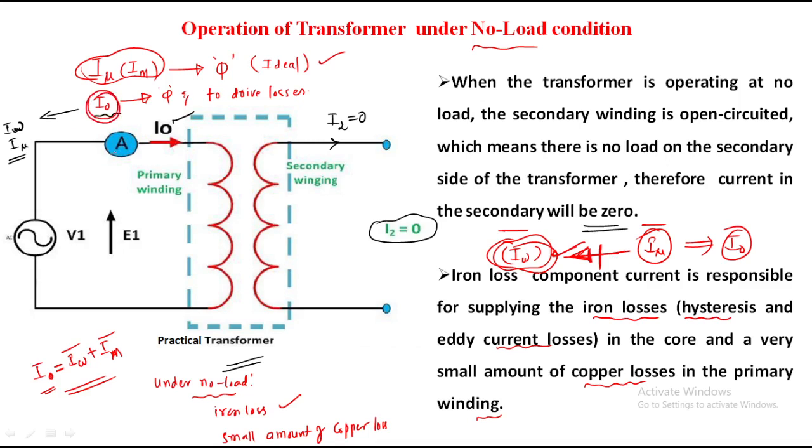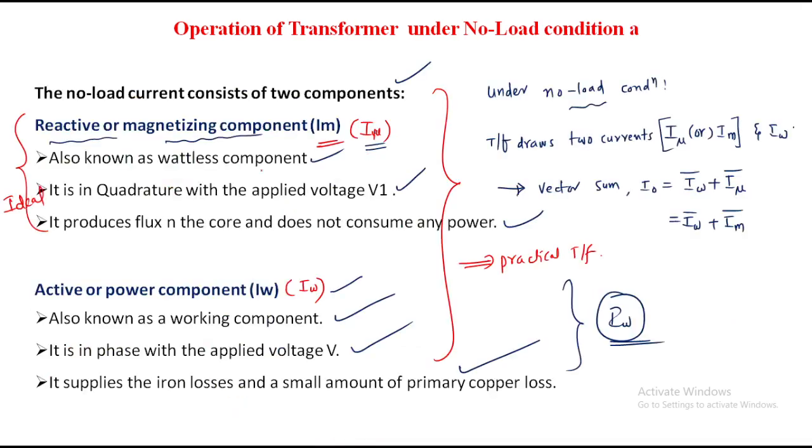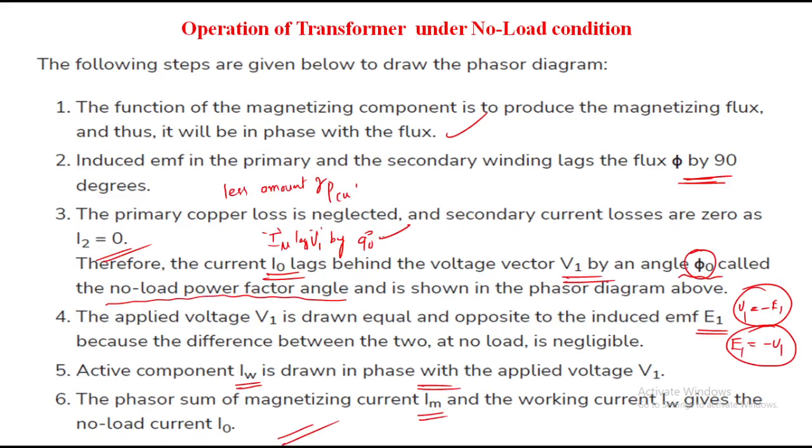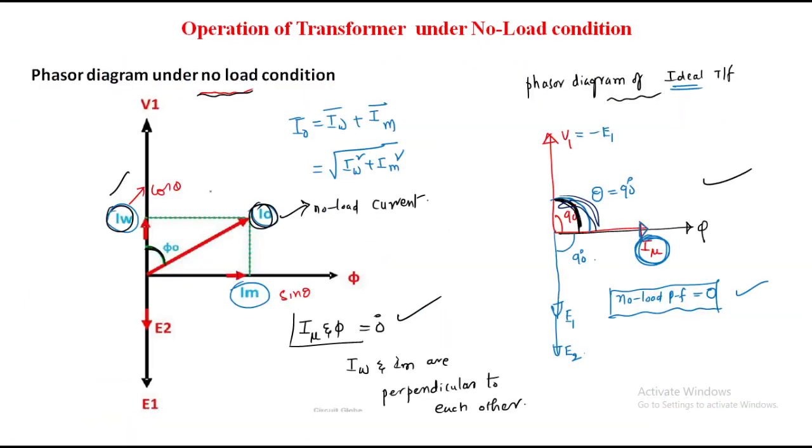So we have two currents, and these are the main functions of these two currents. And this is the phasor diagram of the transformer under no load condition.